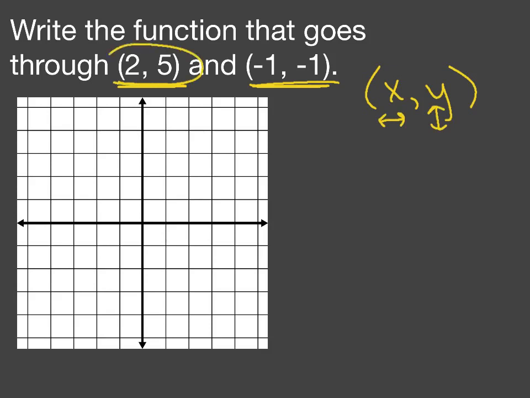For (2, 5), my x is 2, so I'm going to go to the right 2, and then up 5, and put a point. Then for (-1, -1), since it's negative, I'm going to go to the left 1 and then down 1. Now that I have these 2 points, I need to connect a line going through them.